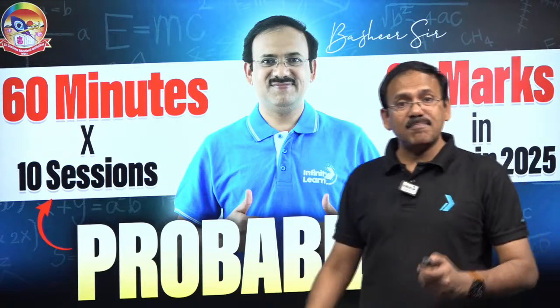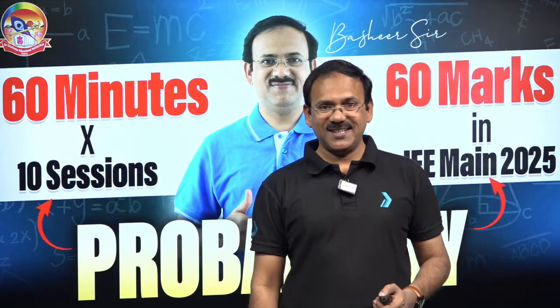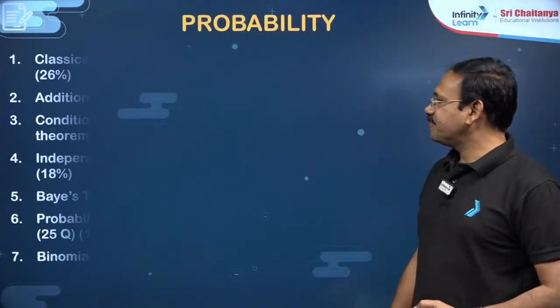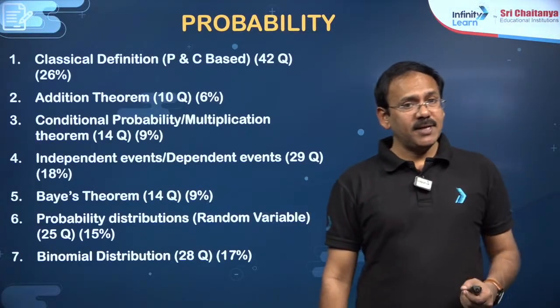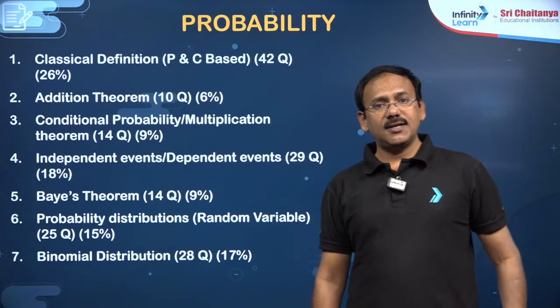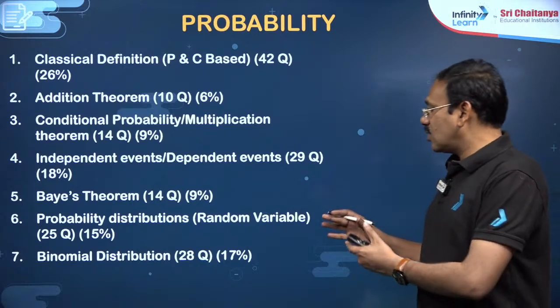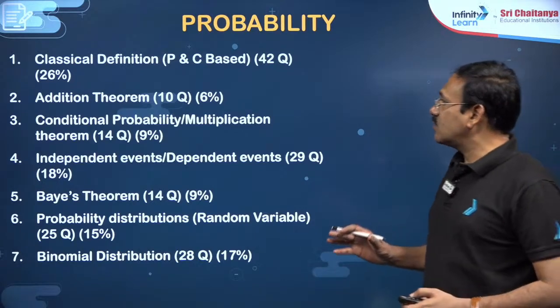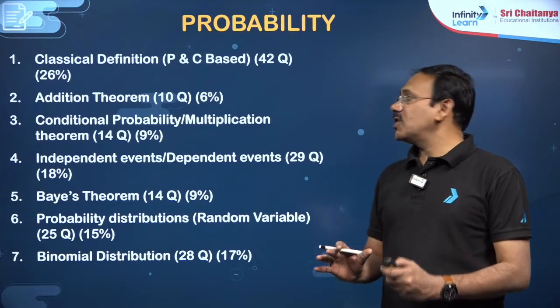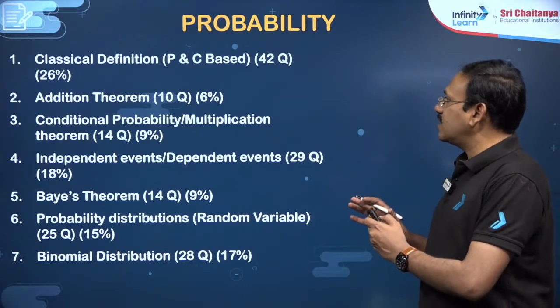Let us see the important statistics related to probability here, right, dear students? In the probability topic, I have consolidated the major topics. First one, classical definition, permutation and combination based questions.